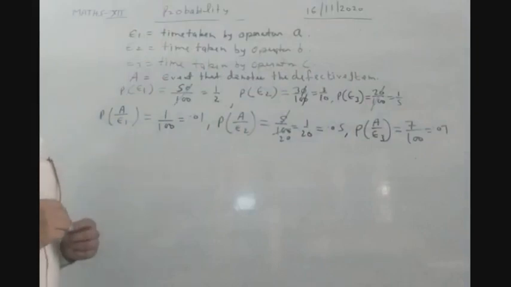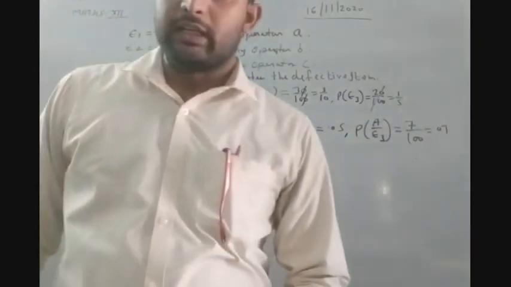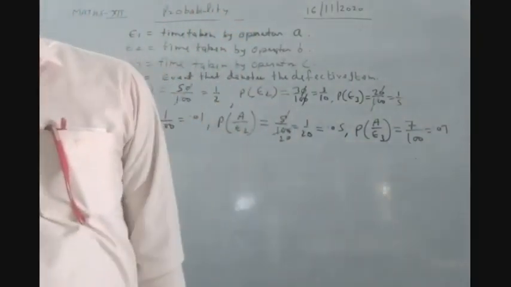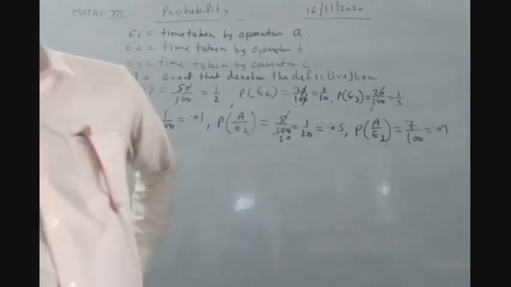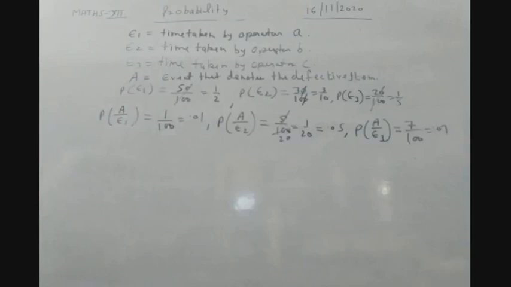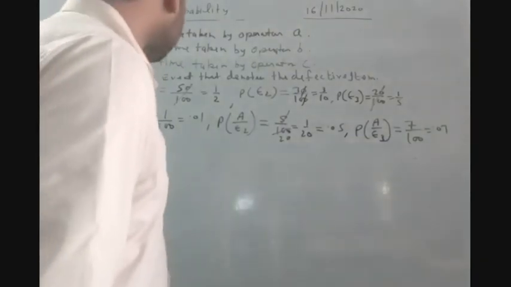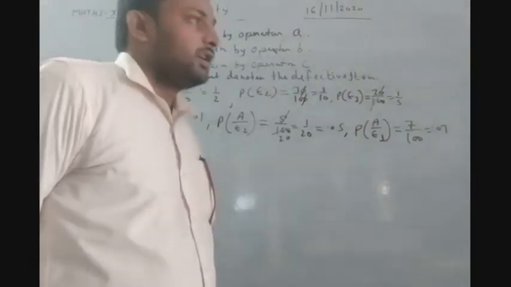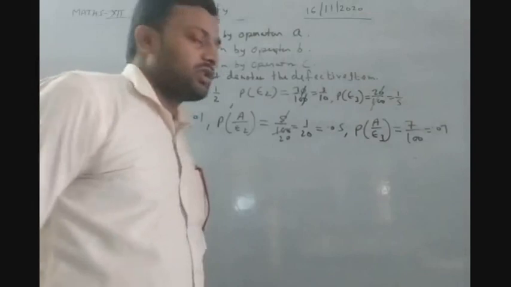Okay, so this is the information we are given. A manufacturer has 3 machines operated by A, B, C, and they are on the job.